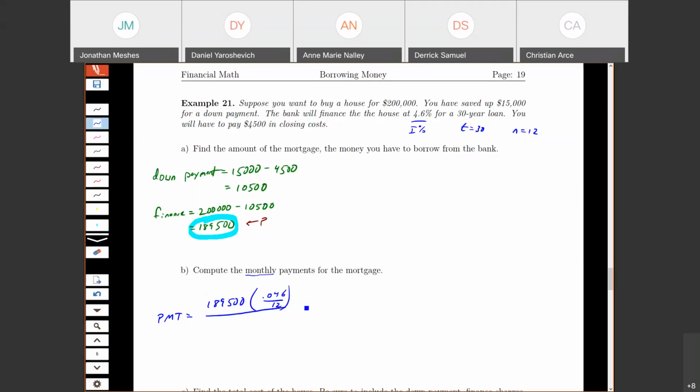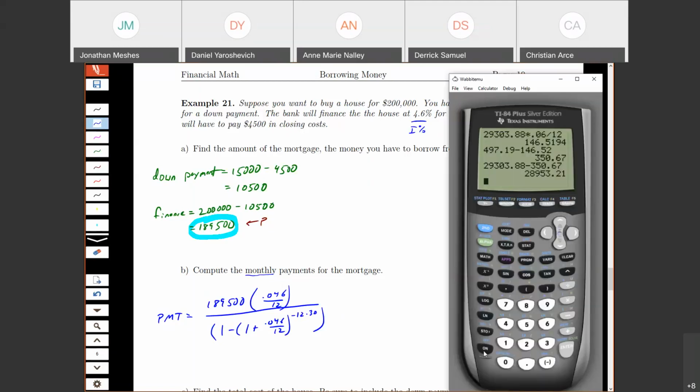and I'll just write this down one last time, but I'm not even going to punch it into my calculator. What I'm going to do is just use the finance solver. So n is 12 times 30, right?